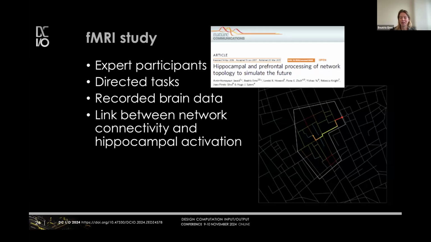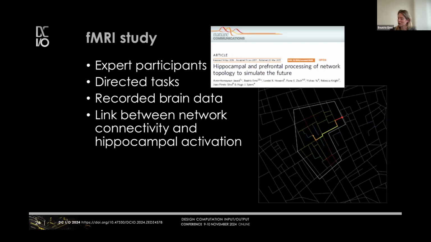And we were fortunate to find that when participants turned onto a street that was more connected, there was firing in a part of the brain known as the hippocampus, which is said to be responsible for navigation, also other things such as spatial memory and memory more generally. So this was a study I did together with Hugo Spiers's group at UCL.